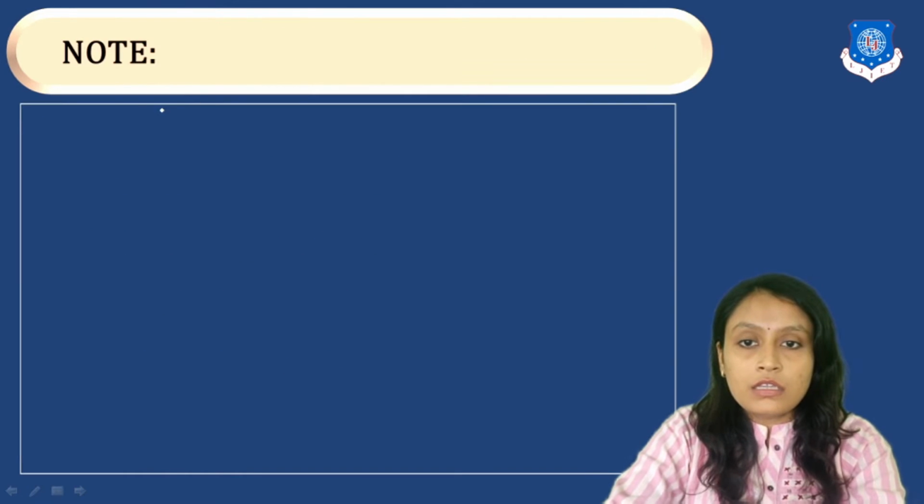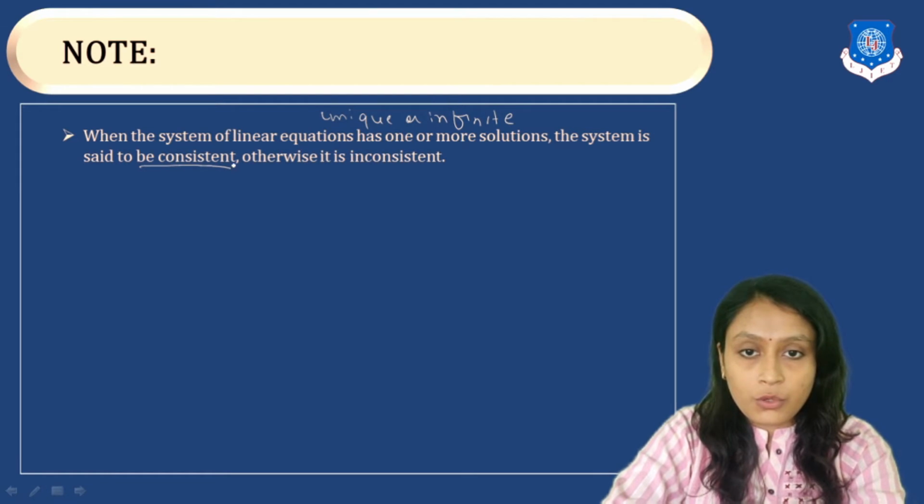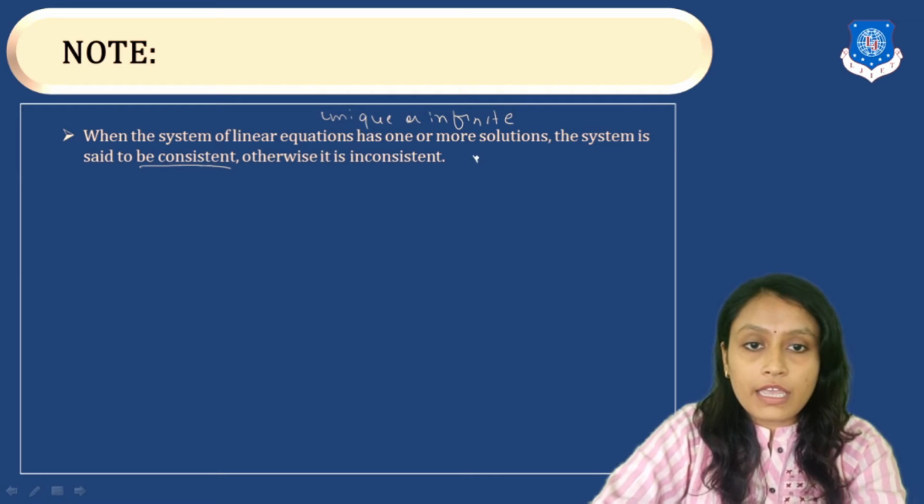So when the system of linear equations has one or more solutions, that is the system has a unique or infinite solution, then we can say that the system is consistent. And if we have no solution, then we can say that the system is inconsistent.